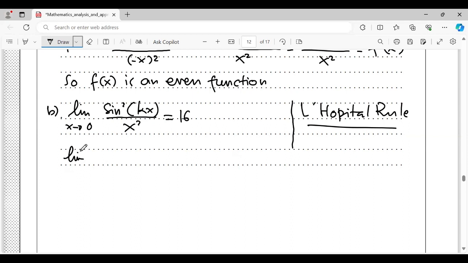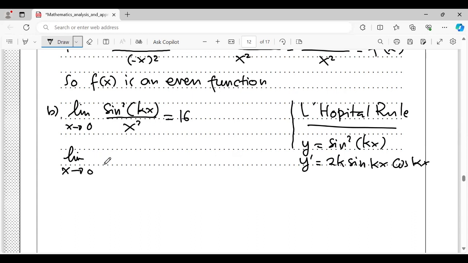So, differentiate sine squared kx. If y equals sine squared kx, the derivative of y is 2k sine kx cosine kx.